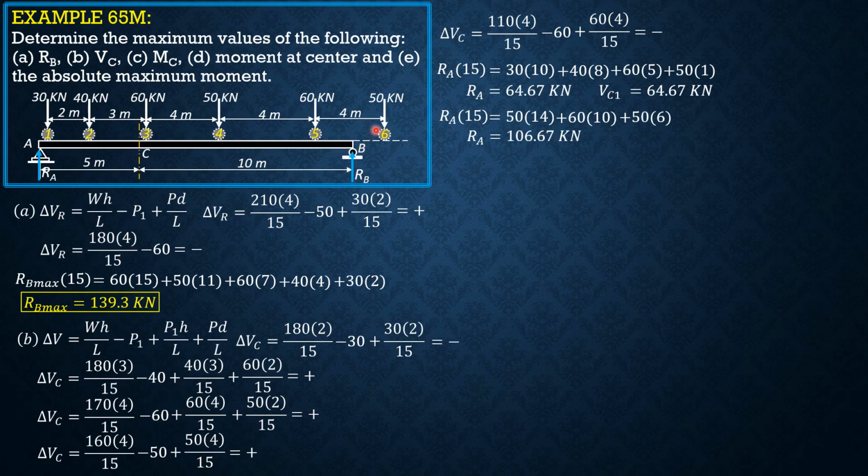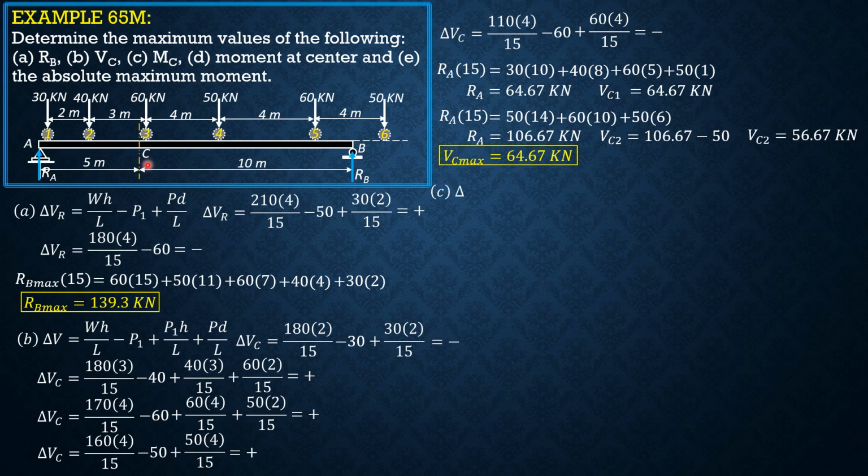So RA equals 106.67 kilonewtons. So shear at C is RA minus 50 because 50 is part of the FBD in AC. So shear at C 2 is 106.67 minus 50 is only 56.67. So this is greater, therefore maximum shear at C is 64.67.